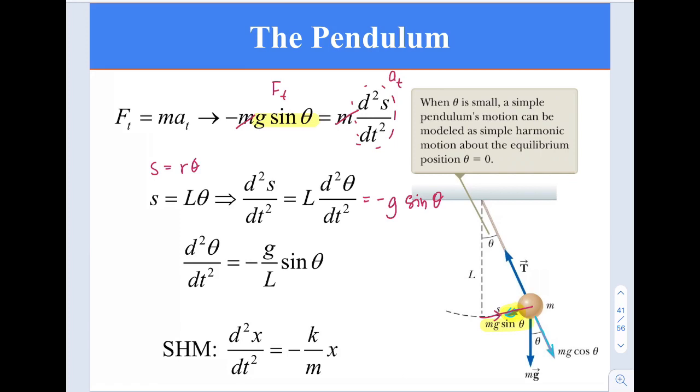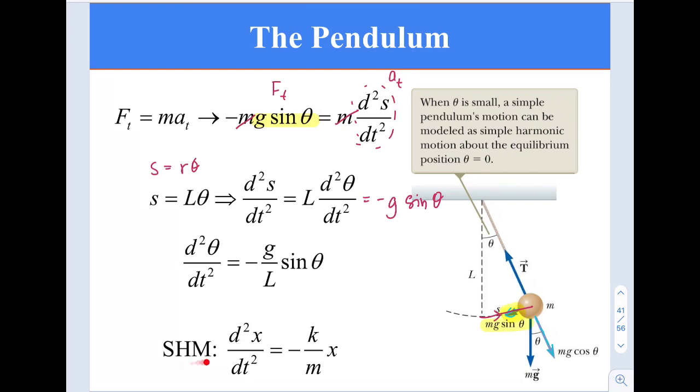That is why you may rearrange: d squared theta over dt squared is equivalent to negative g over L sin theta.